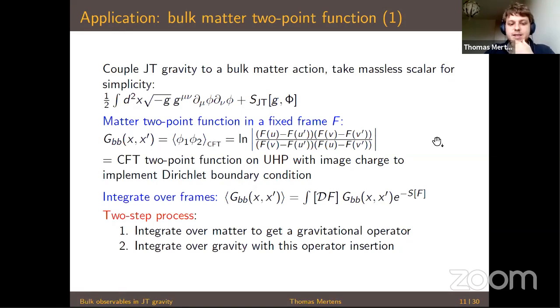And then as a second step, we take this matter two-point function, and now we path integrate this thing over the metric and the dilaton field, which of course just boils down to a path integral over this F reparameterization. So I'm proposing here a two-step process where we first integrate over matter to get a gravitational operator that we in turn insert in the gravitational path integral to get the final answer.